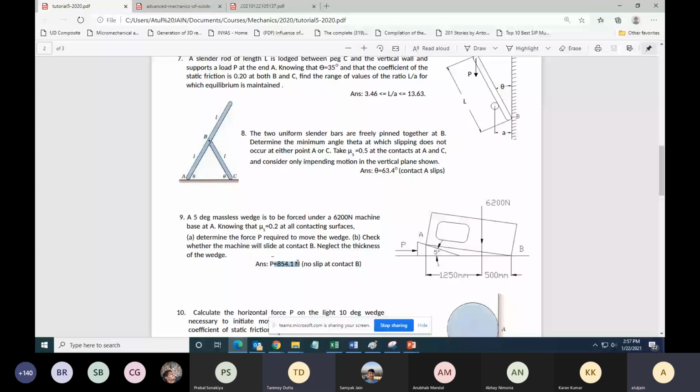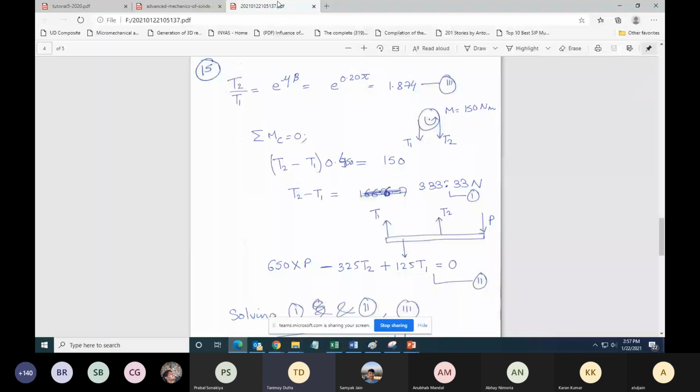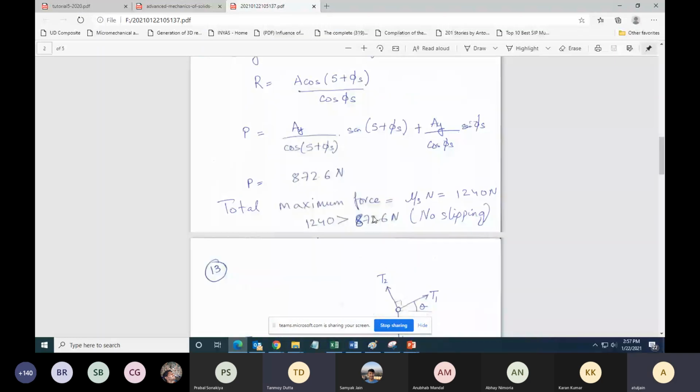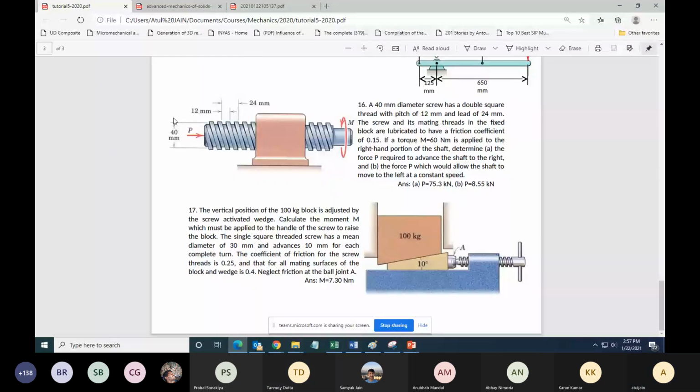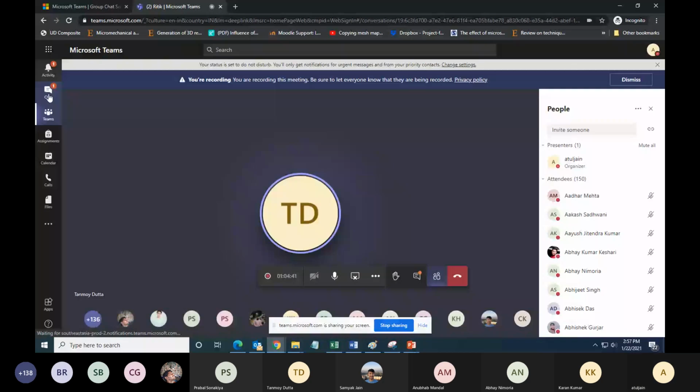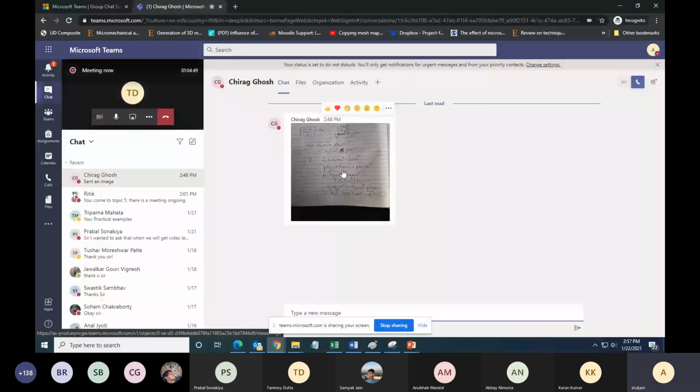Yes, sir, I also got 872.6, but by a slightly different method. I considered the normal and all in the directions perpendicular to the surface. One of our friends has got 842, 854, which is the answer corresponding to. Chirag has got the answer.